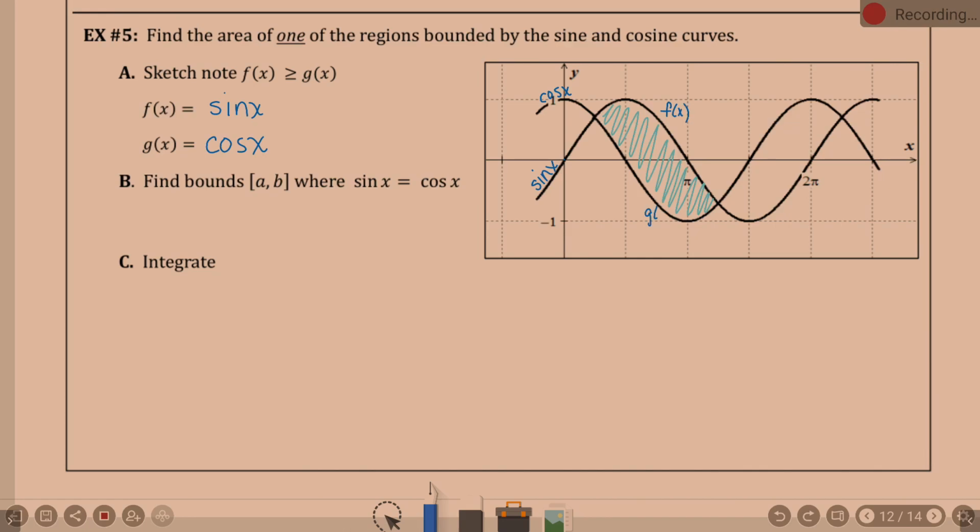And keeping in mind, that means the representative rectangle is a vertical rectangle that goes from top to bottom there. Okay, because we can work in x. Okay, we need bounds. Pi over 4 to 3 pi over 4.